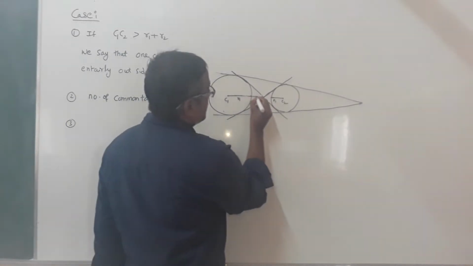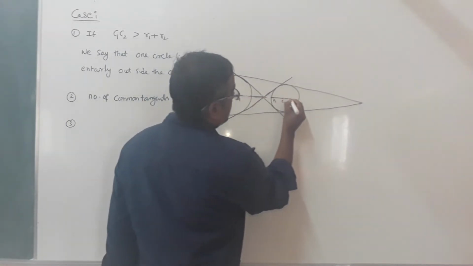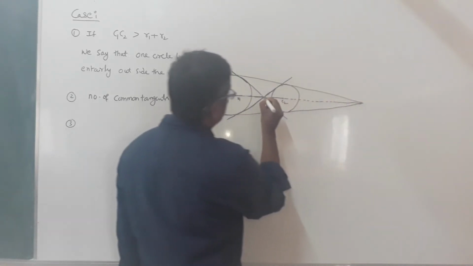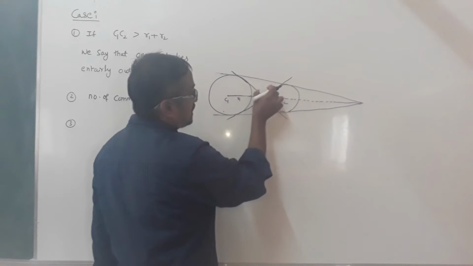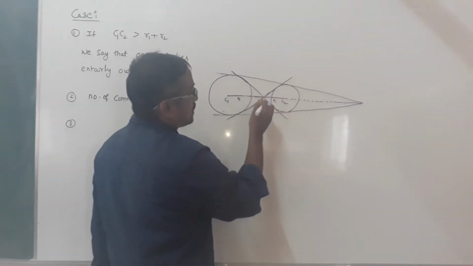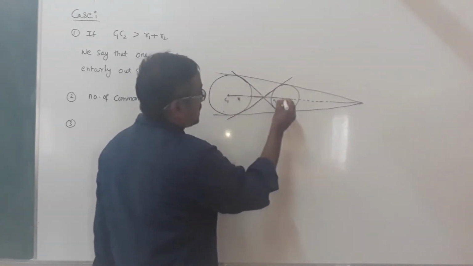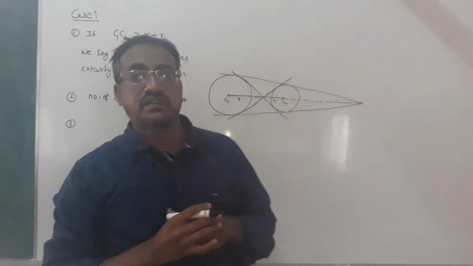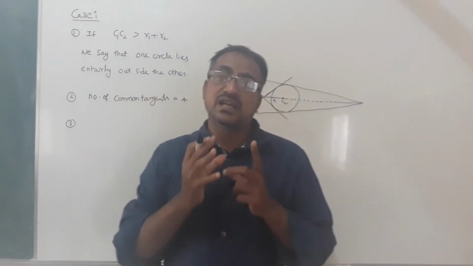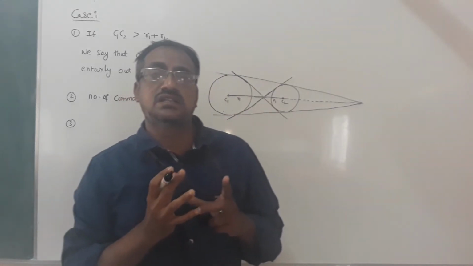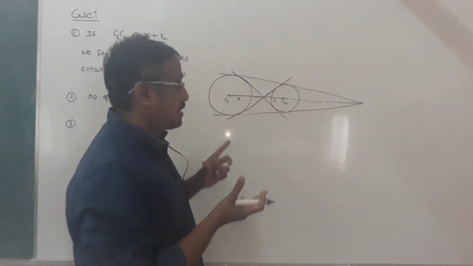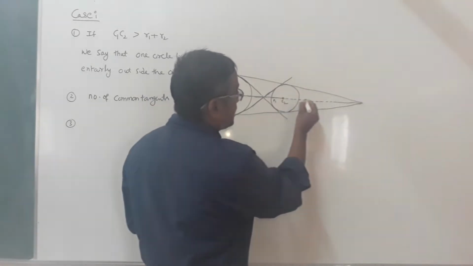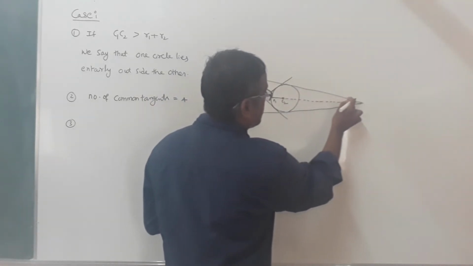You can observe that one pair of common tangents, these two, are intersecting on the line segment joining C1, C2, and another pair of common tangents are intersecting on the extended line segment joining C1, C2.